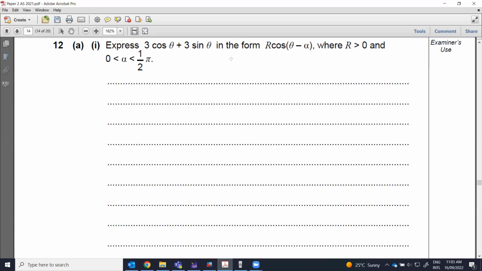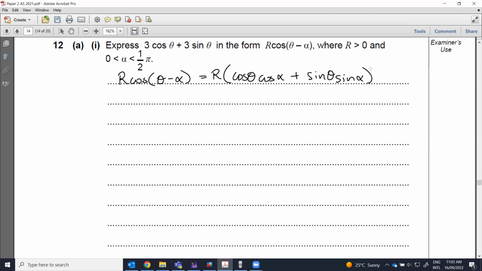Okay, so what we will do is rewrite this one here. We write r cos(theta minus alpha). Now from our sum and difference angle identities at the back, we see that this is r times cos theta cos alpha plus sine theta sine alpha.